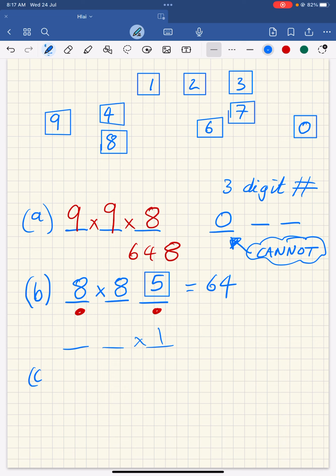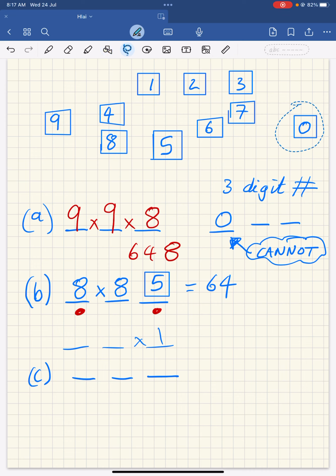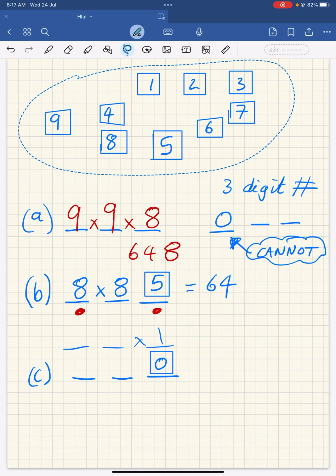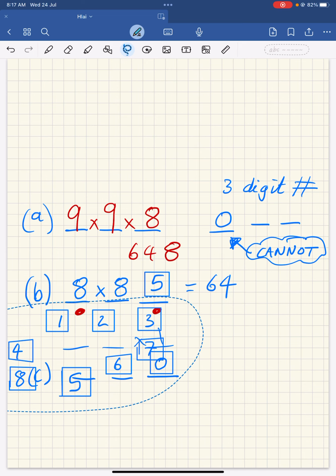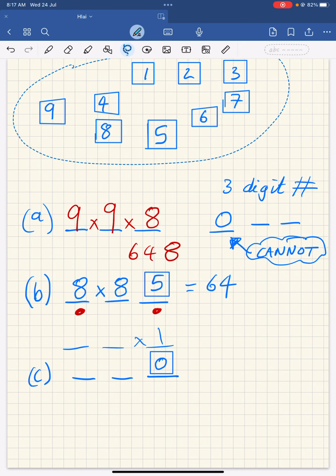Part C, similar thing. It has to end in 0. Let's put a 5 back up here now. Now, this one has to end in 0. So let's grab this and put the 0 here. All right. And now you can see that there's 9 digits here. And of course, any one of the 9 can fit in that first position because the 0's been accounted for.